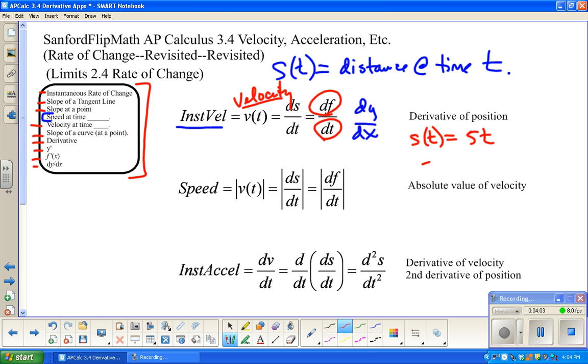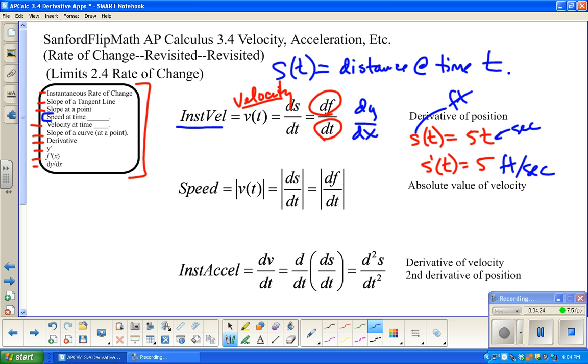Well, s prime is just 5. So here's the thought. Maybe time is in seconds, and maybe this is in feet. Well, if that's true, this is going to be feet per second. It's like a speed. It's just how fast it's moving.